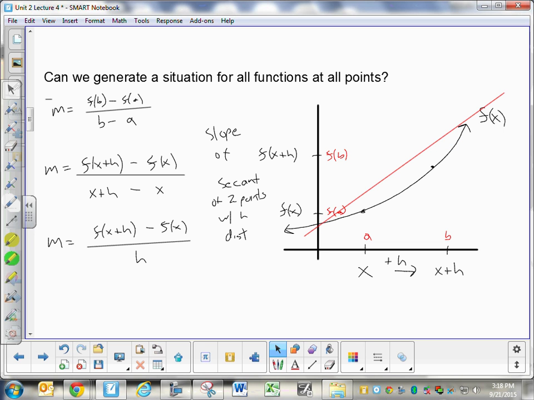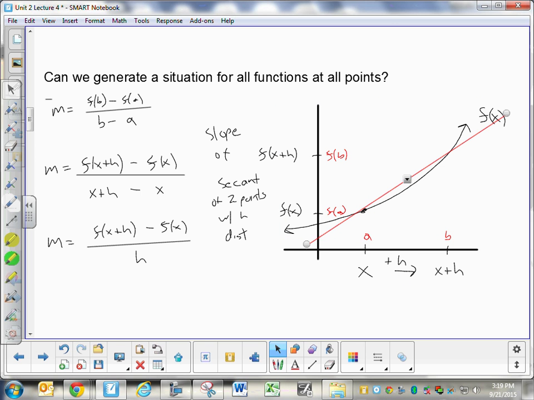If I put this point here, is my approximation going to be closer or further away from what my tangent line is going to look like? Closer, right? So what do I need to do to turn that secant line right here into a tangent line? Take this point and put it infinitely close to the other point, right? That's what we're doing. Take 2 points infinitely close together.